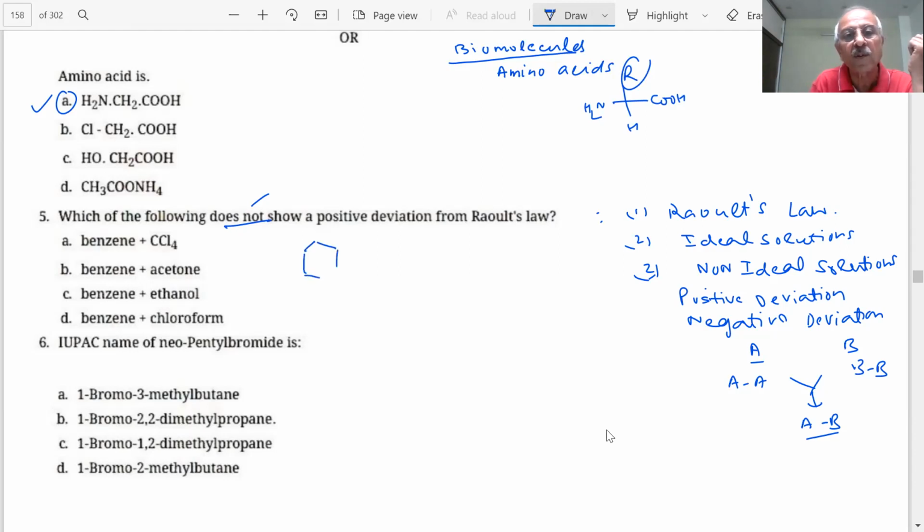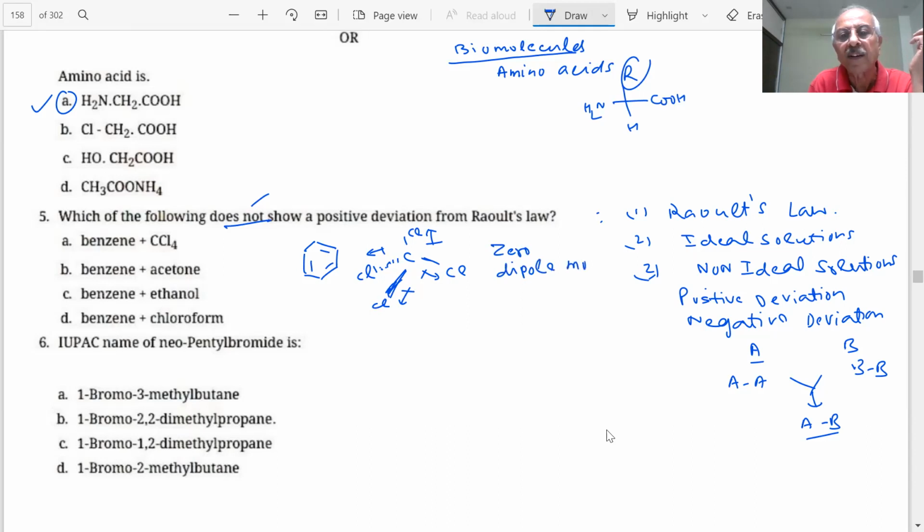Like dissolves like, when similar types of interactions will be there. Both benzene, which is non-polar, and CCl4, if I draw the CCl4, you know what is this, students? Tetrahedral, and equal and opposite dipoles cancel here.